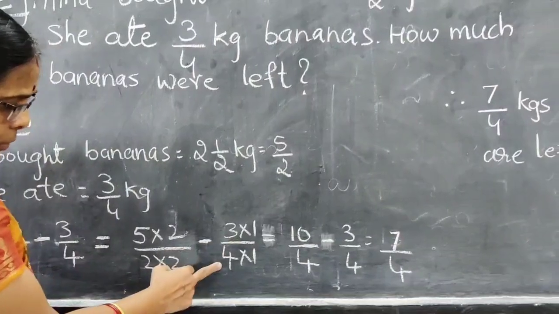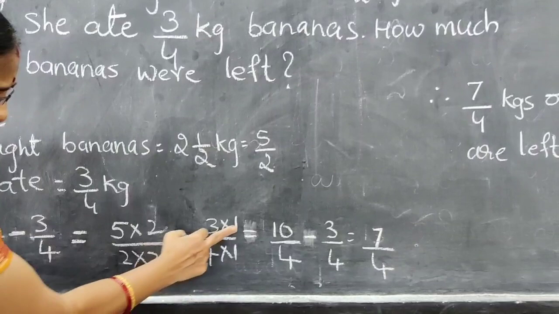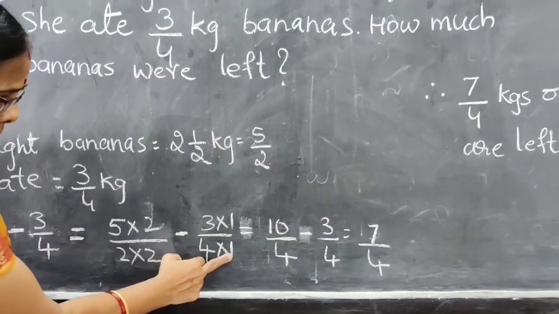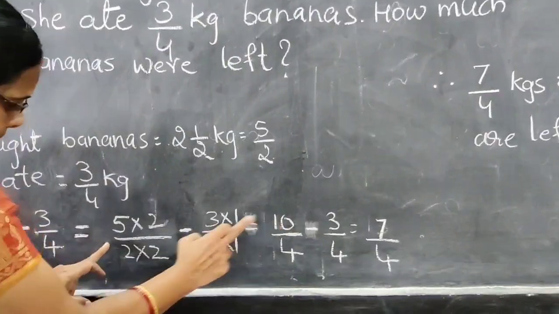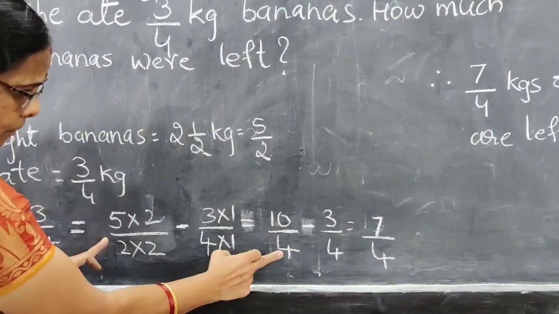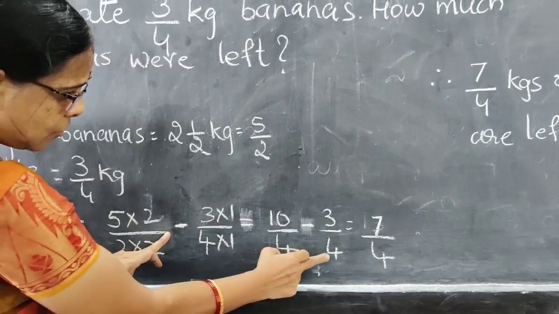In 3 by 4, how many times will it go? 4, 1 time. So 3 into 1, 4 into 1. So now you multiply this. 5 2s are 10. 2 2s are 4, minus 3 1s are 3, 4 1s are 4.